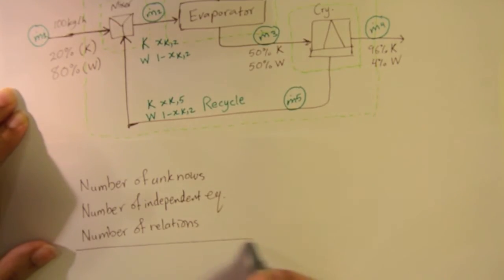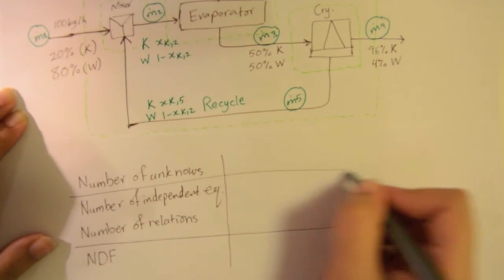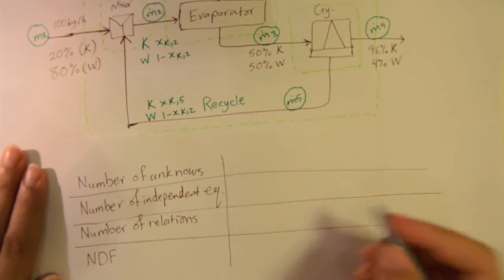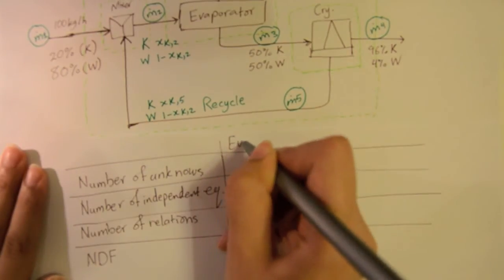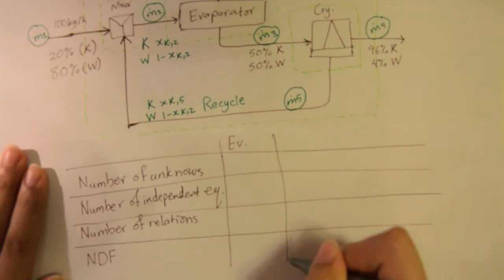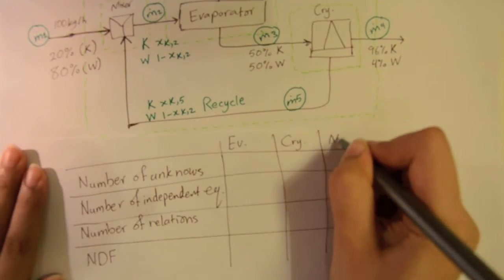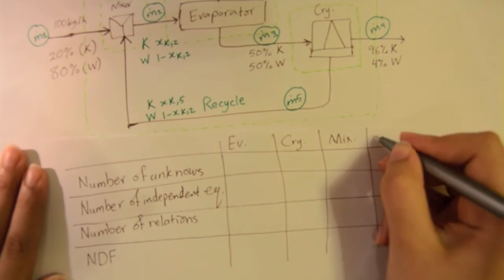Finally, it's the number of degree of freedom, which we will represent as NDF. So it's a table like this for the evaporator, the crystallizer, the mixer, and finally the whole process.